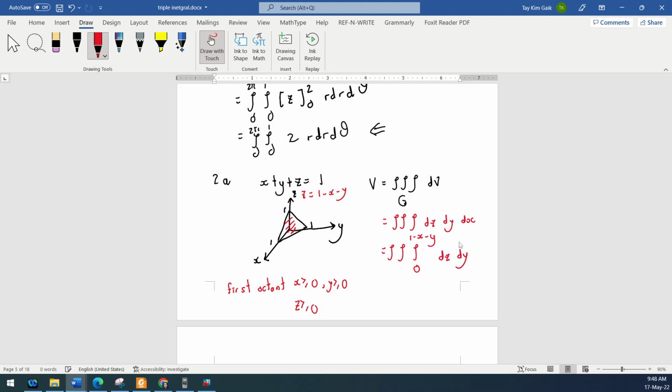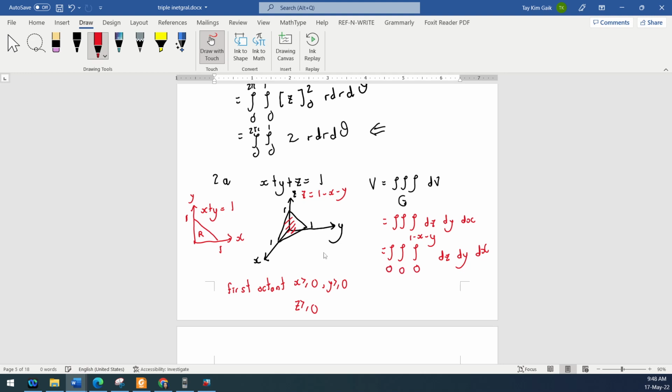Then to put the limits for dy dx, you have to sketch the 2D region. So this is y, this is x. The x-intercept is 1, y-intercept is 1. On the 2D region R, z is 0, so you have x plus y equal to 1. To integrate with respect to y, the y minimum is 0.